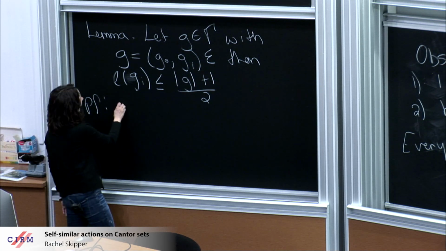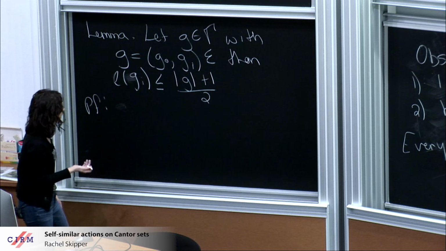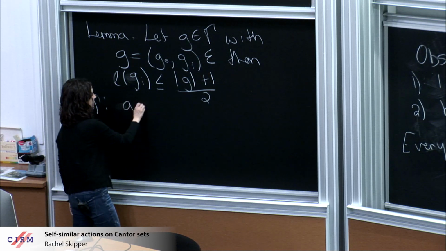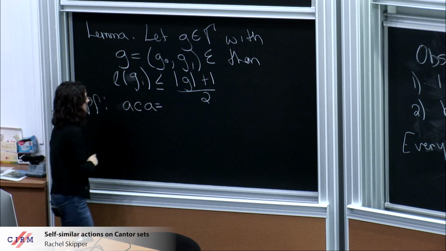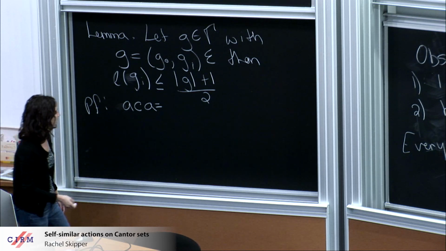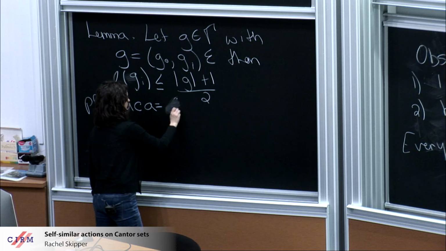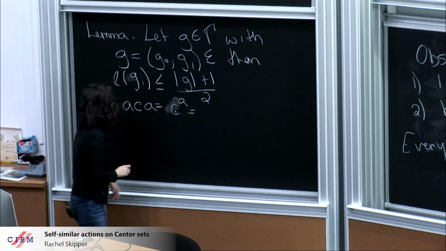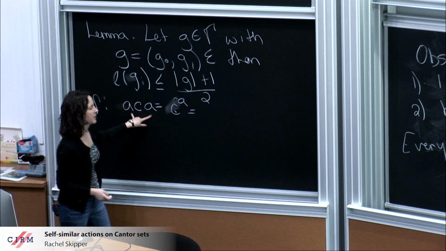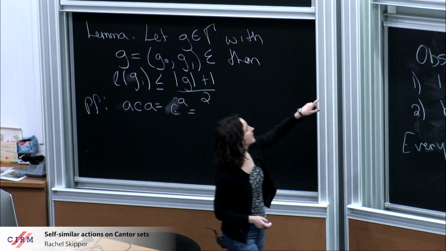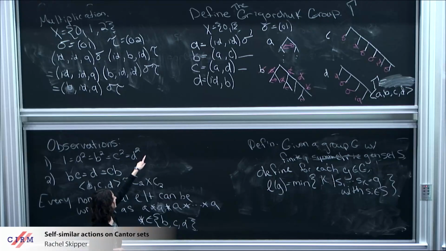So let's look at ACA, for instance. Since A has order 2, this is the same as writing C conjugated by A. But A is just an order 2 swap, so it's going to take my generator A comma C and just switch the order of the coordinates.